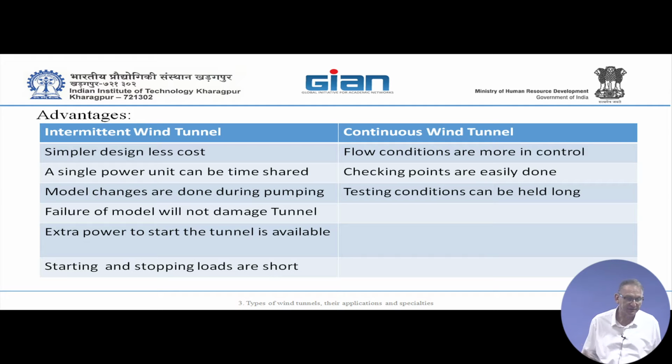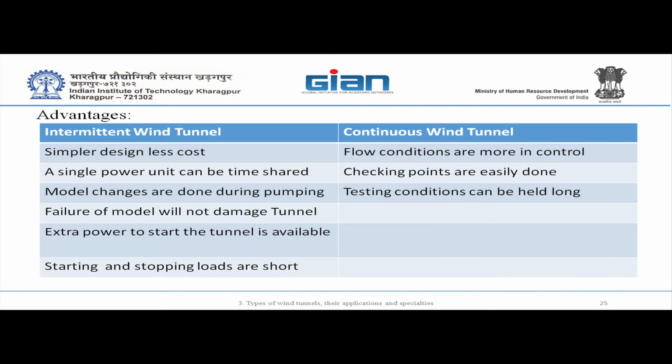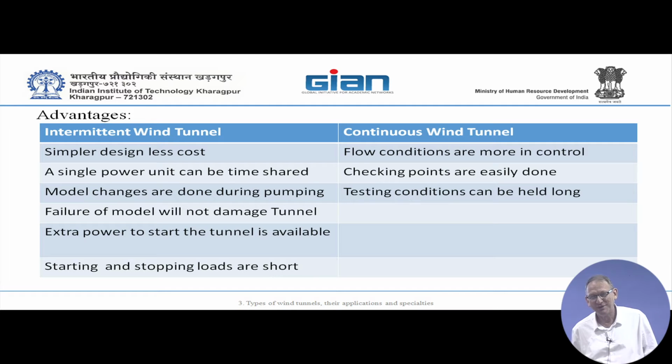Once there is turnaround till repumping, you can work on the model, change configuration, and run again. If there is a failure in a model, which shouldn't happen, open loop does not suffer too much. It just goes out, usually nobody is there, and everything is fine. In a closed loop, damage to the elements will occur.